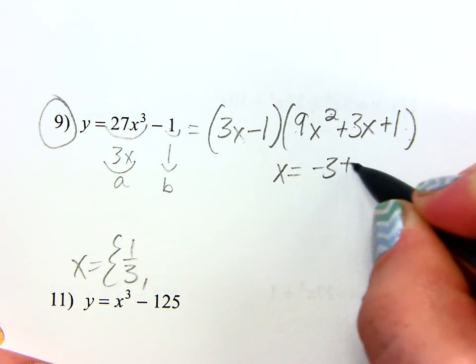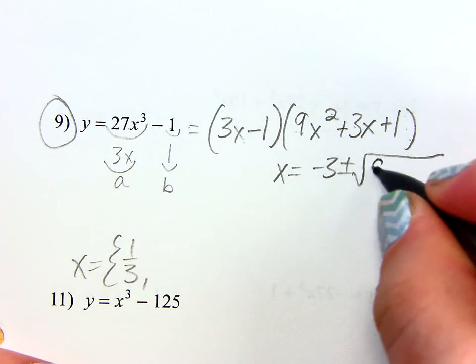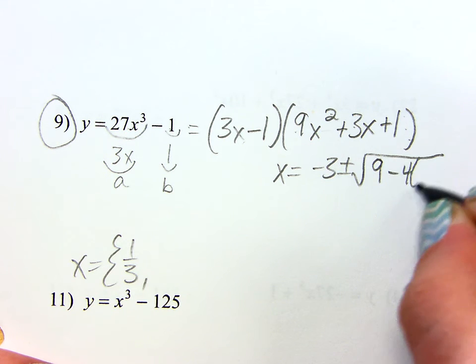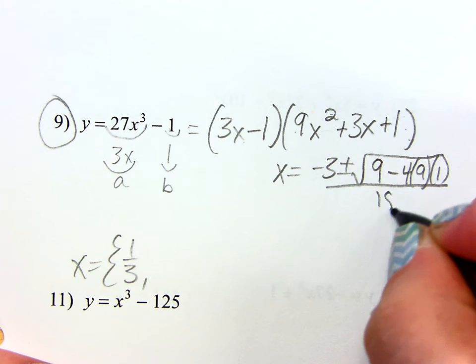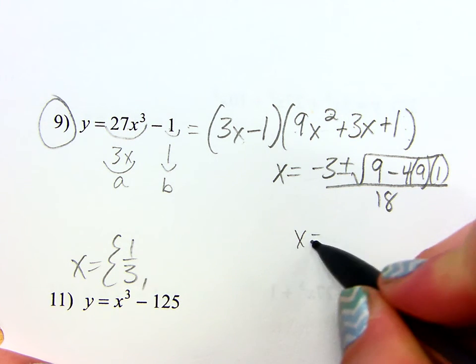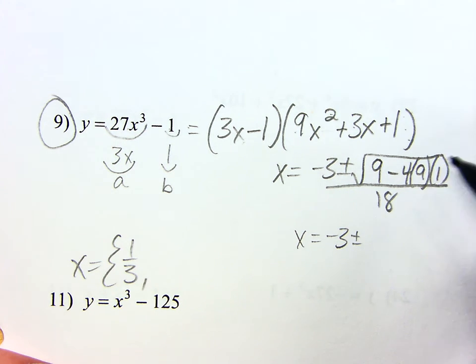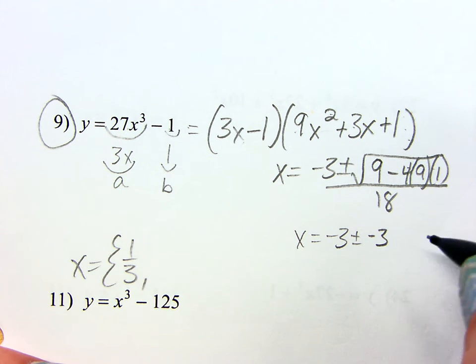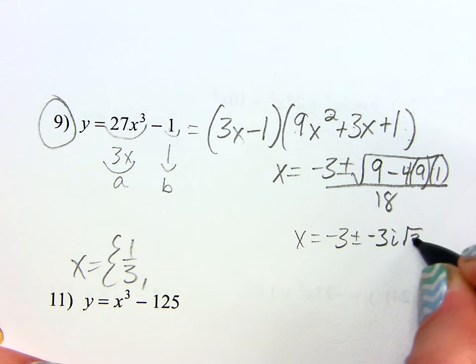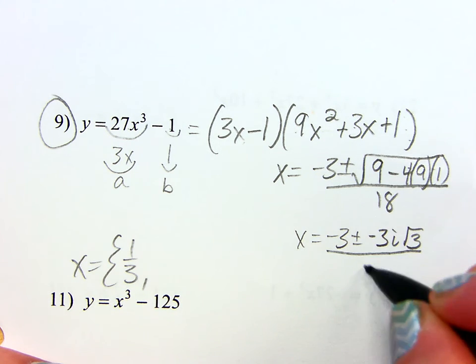Negative b plus or minus square root b squared minus 4 times a times c all over 2a would be 18. So that's going to get me, that's a negative 36, so it's negative 27 again. Right? So I already did that. That was a negative 3i root 3. And it's all over 18.